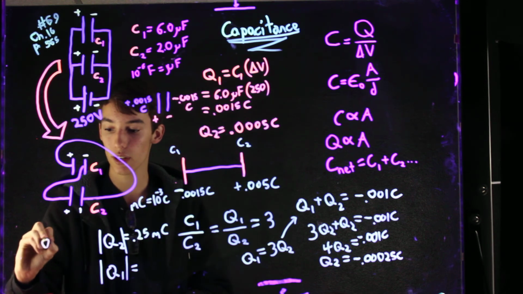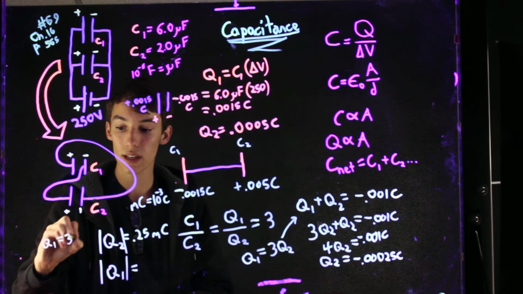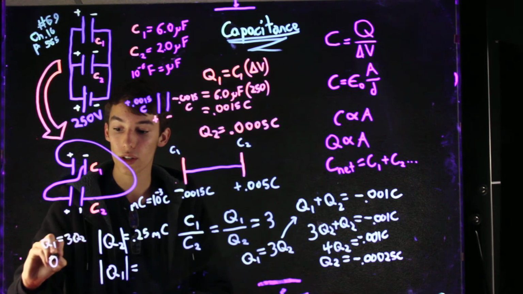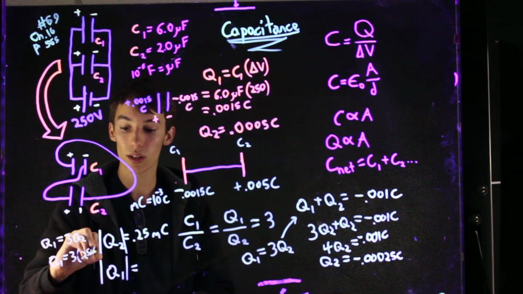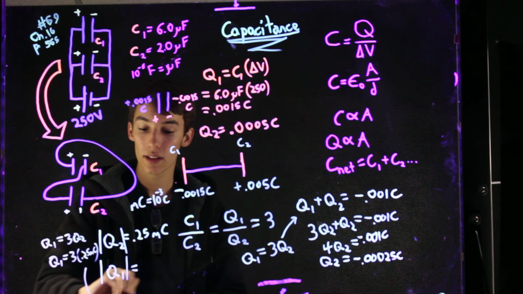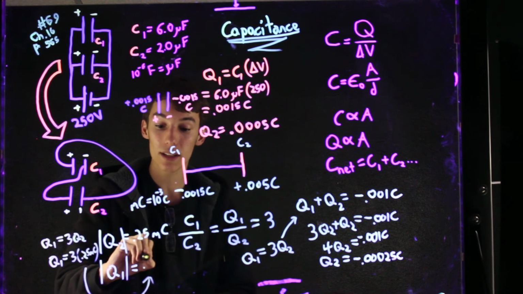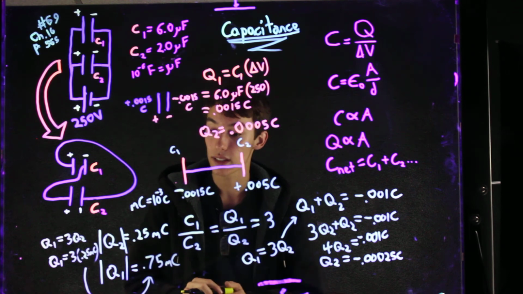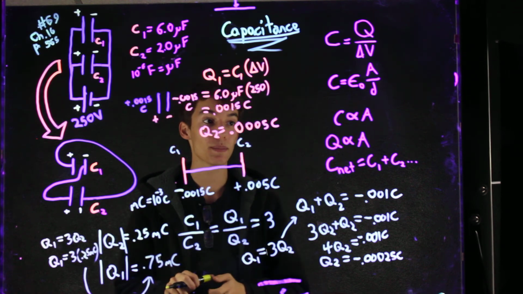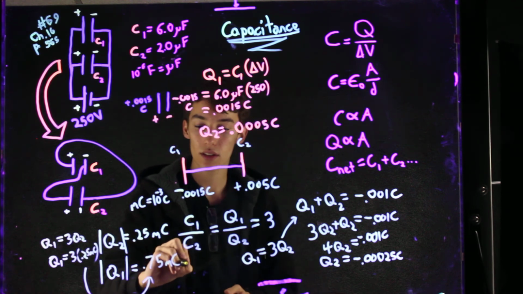I'll write that out over here. Q1 equals 3Q2. Therefore, Q1 equals 3 times 0.25 millicoulombs. Therefore, Q1 is finally 0.75 millicoulombs. And that is our final answer.